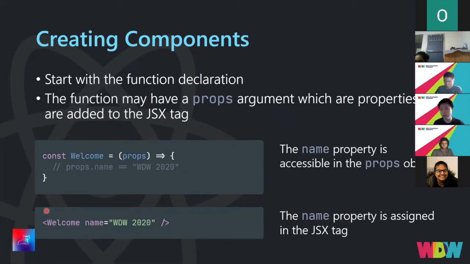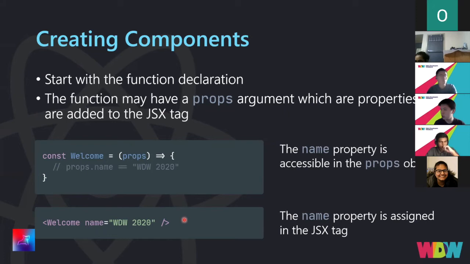Similarly, we also have the JSX tag here at the bottom. The JSX tag, like HTML, has two parts: the tag name here, which is Welcome, and the second part, which is the tag attributes. The tag attributes are, for example, if you want to put name equals WDW 2020, this actually gets passed into the function as an argument. And how does this happen?